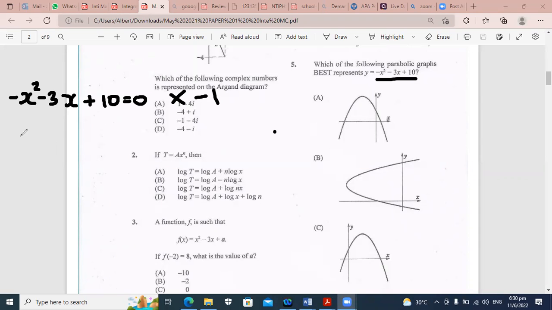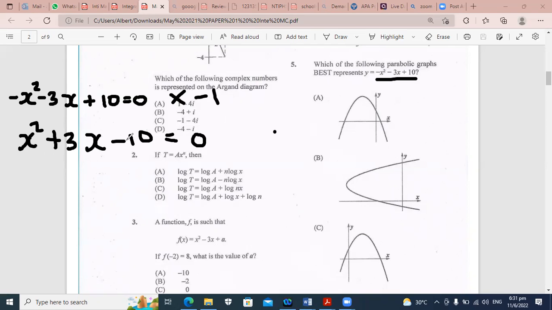So therefore I end up with x squared plus 3x minus 10 equals 0. Negative and negative gives you positive, negative and positive gives you negative, right? And now we're going to solve this.